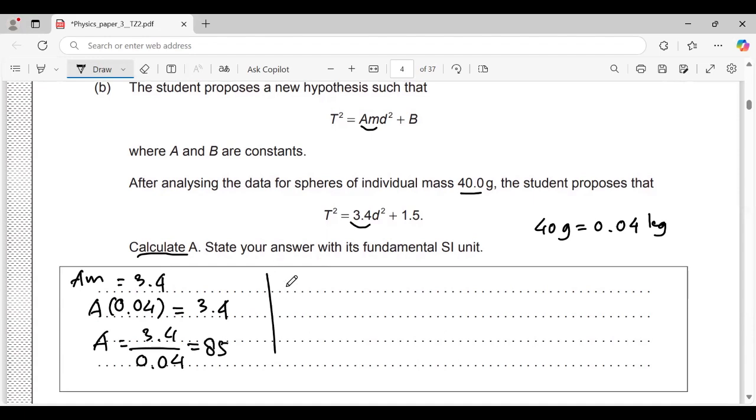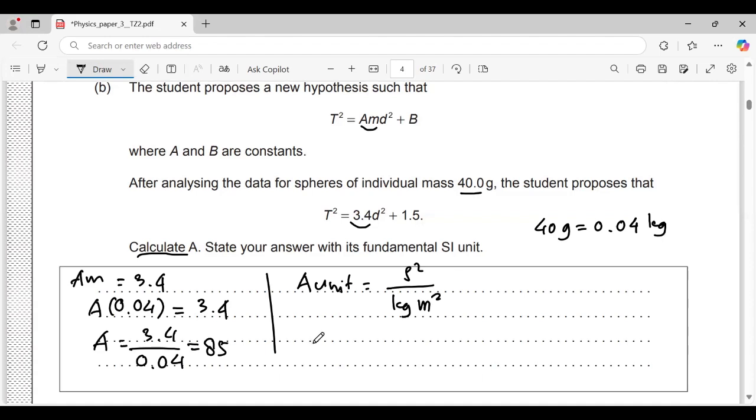The unit of A is seconds squared over kilograms meters squared. So this is the unit: kilograms for mass, and then 3.4 seconds squared meters squared.